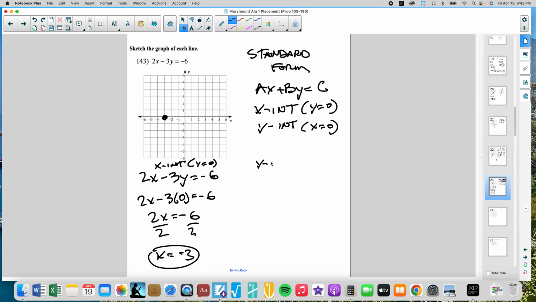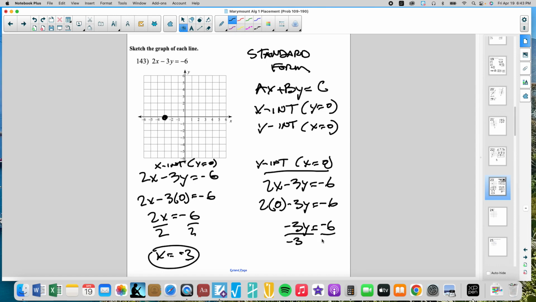If I want to find the y-intercept, I'm going to plug 0 in for x. So same equation, but this time I'm plugging in 0 for x, which again just leaves me with negative 3y equals negative 6, divided by negative 3. Y equals positive 2.